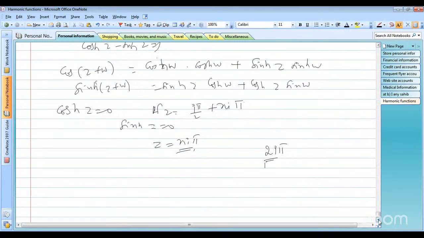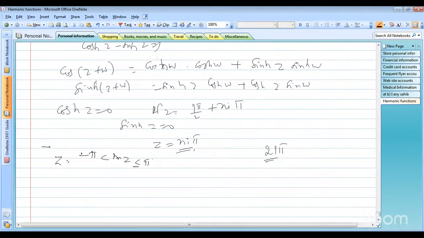There are many subsets of the complex field on which the exponential is one-to-one. For the moment, we restrict our attention to the region where minus π is less than the imaginary part of z, which is less than or equal to π.